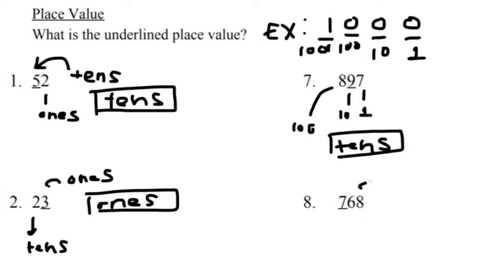We know that 8, which is our last number, is our ones place. We have 6, which is our tens place. Last but not least, we have 7 in 768 in our hundreds place. Therefore, we know that 7 in 768 is in the 100s place.